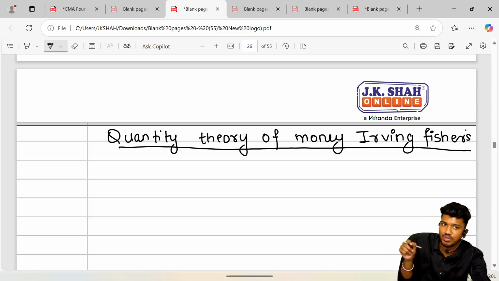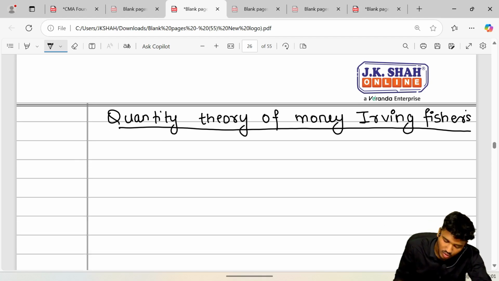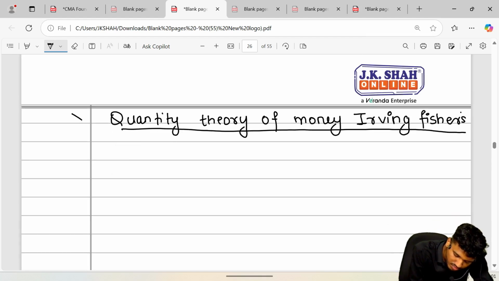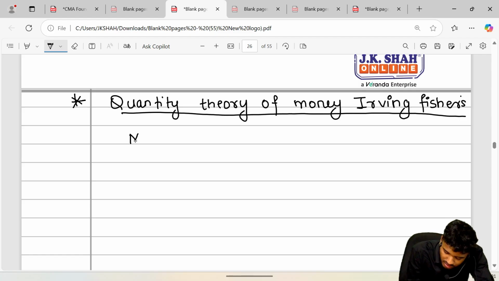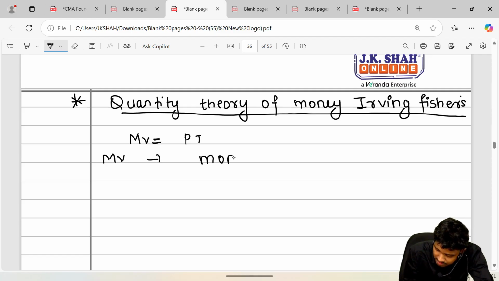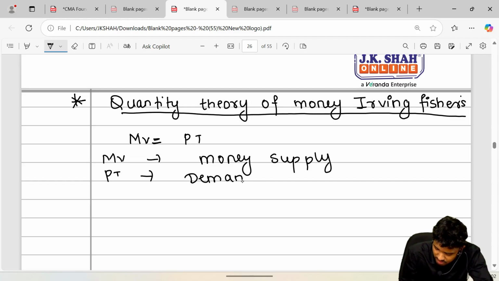In the given scenario, what does Professor Irving Fisher do? He said MV is equal to PT, where MV is nothing but money supply and PT is nothing but demand for money or money demand. Collectively it is named that way.